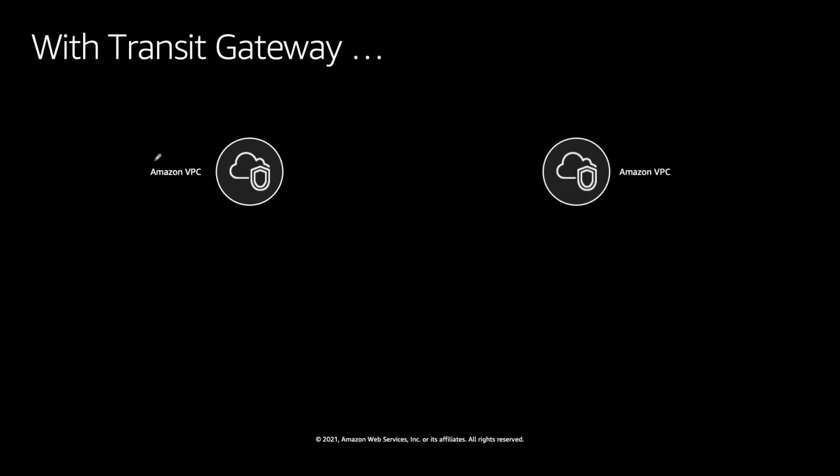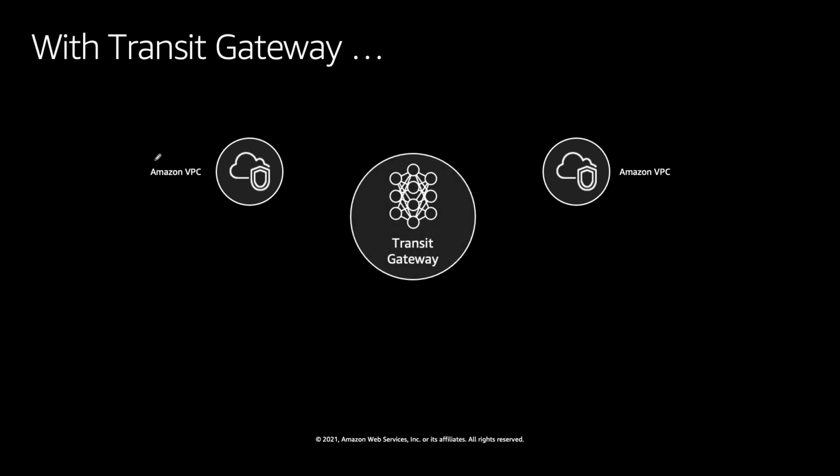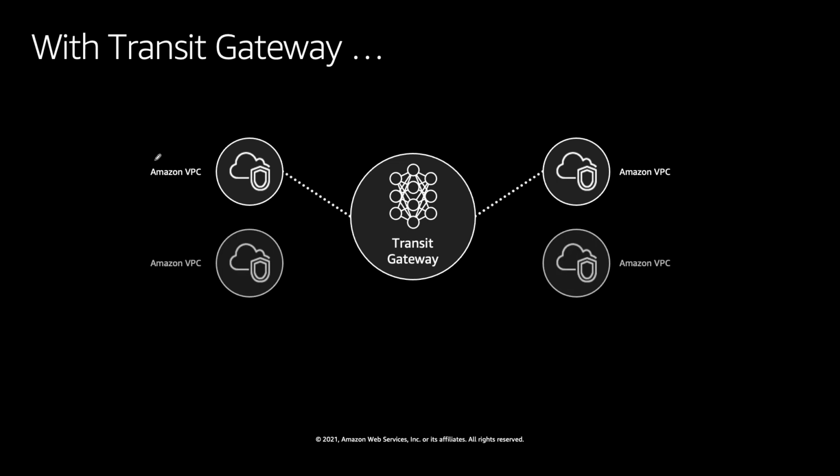So here we have two VPCs as before, but now we can just create a transit gateway, and it can talk to both VPCs. If you add more VPCs to your infrastructure, you don't have to create different VPC peering. All you have to do is point them to this transit gateway.